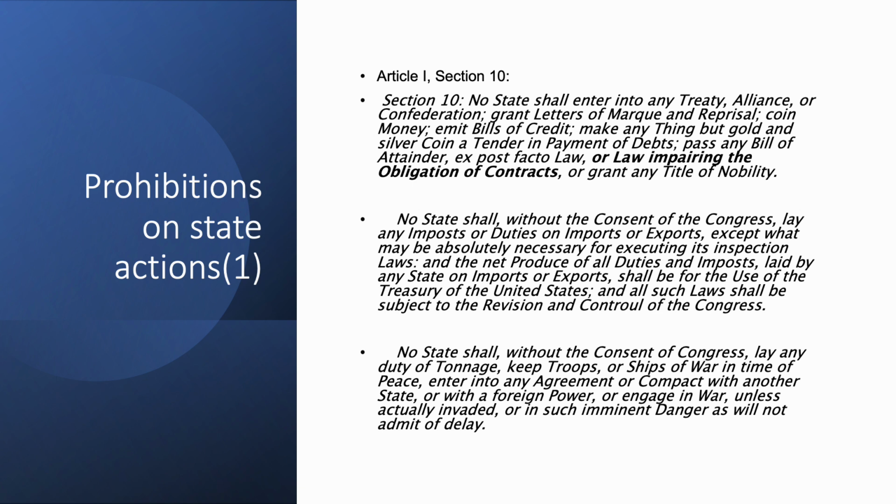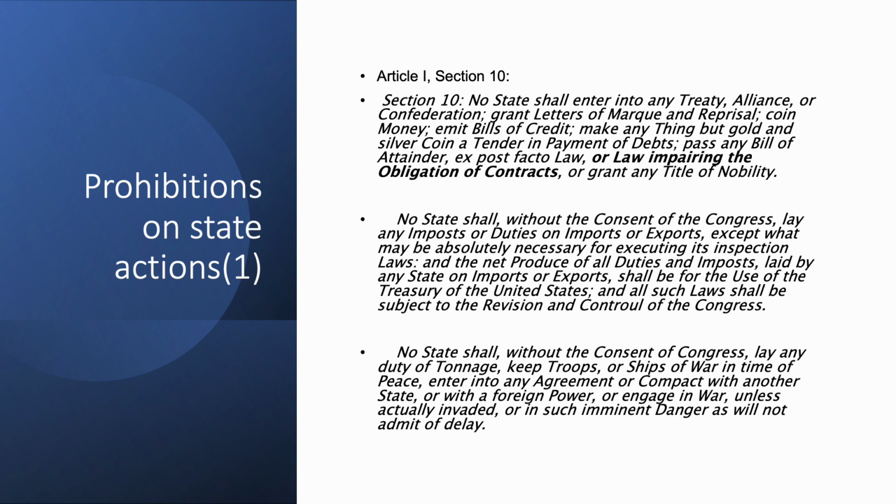You can read them, but note that they cannot impair the obligation of contracts. This goes back to that notion of the elites again. States were passing laws that were invalidating certain types of contracts. And so people who were, let's say, owed money, like a banker, would suddenly discover they weren't going to get that money because the state legislature passed a law saying people didn't have to pay them back because of the nature of the contract that they wrote.